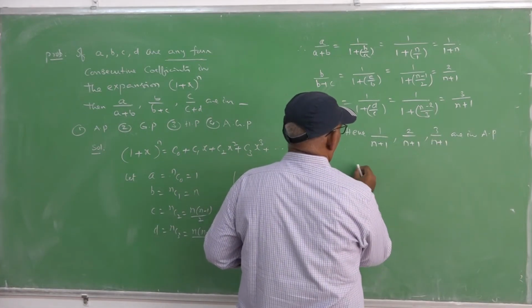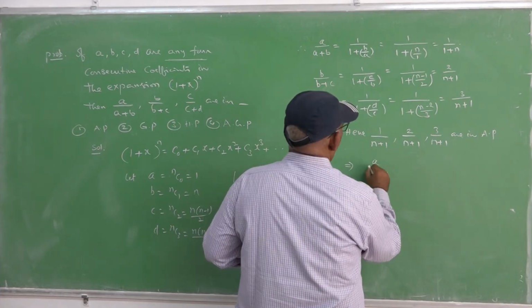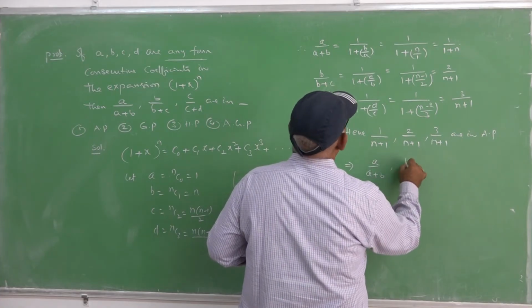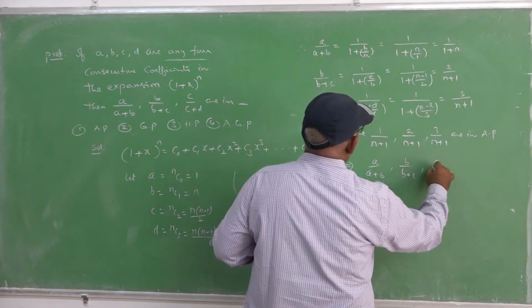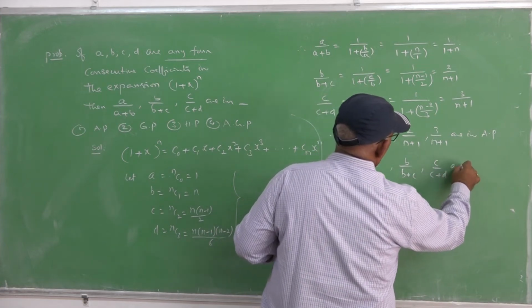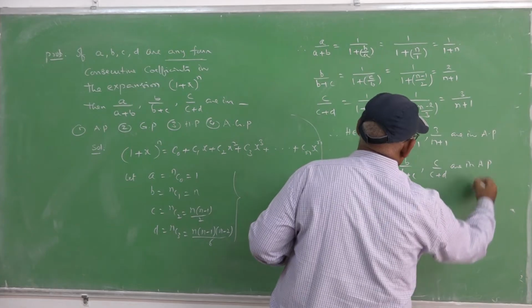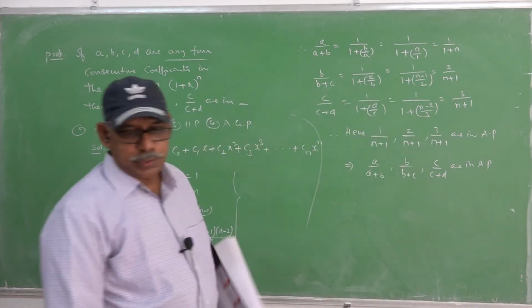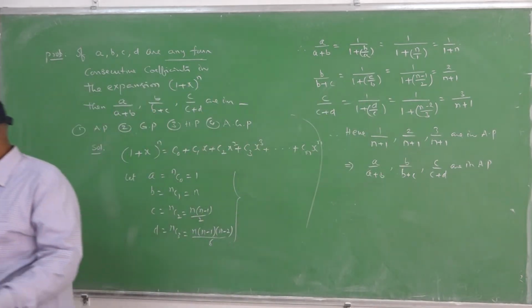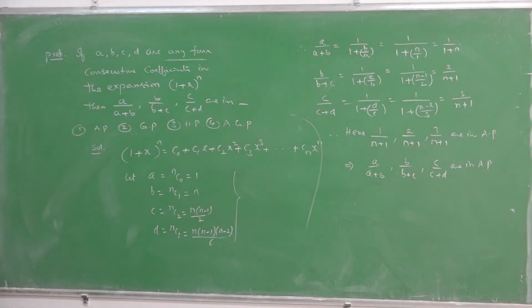So therefore, A by A plus B, B by B plus C, C by C plus D are in AP. So this is our conclusion. Once the successive coefficients of (1 plus x) whole power n are given by A, B, C, D, then A by A plus B, B by B plus C, C by C plus D are always in AP.